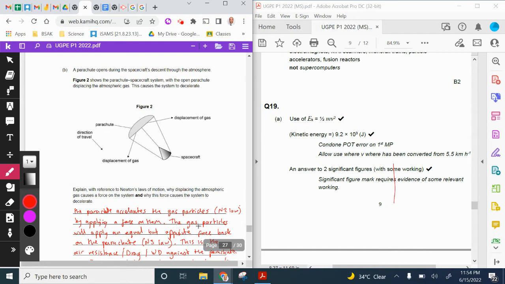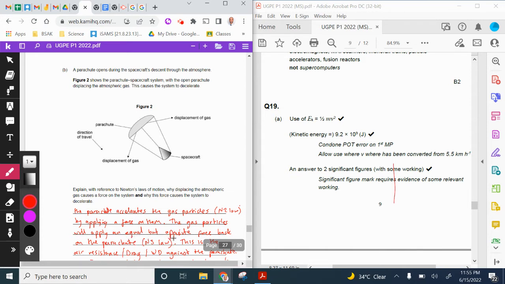So the gas particles, once they've been pushed that way, we know that every time we push something, there is an equal and opposite push back in the opposite direction. So when these gas particles are pushed this way, there is an equal but opposite force back on the parachute, and that is Newton's third law.